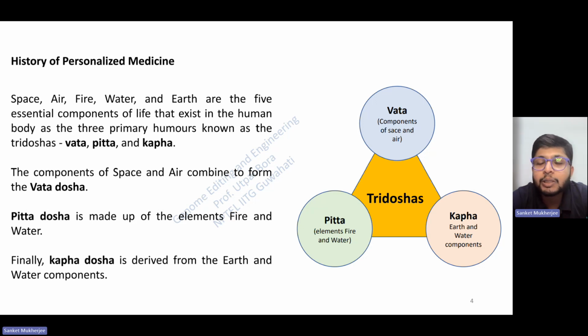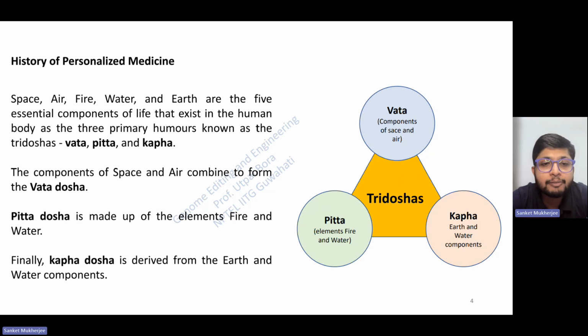They are Vata, Pitta, and Kapha. Among the three doshas, these are the three essential components which are very important. The components of space and air combine to form the Vata dosha.